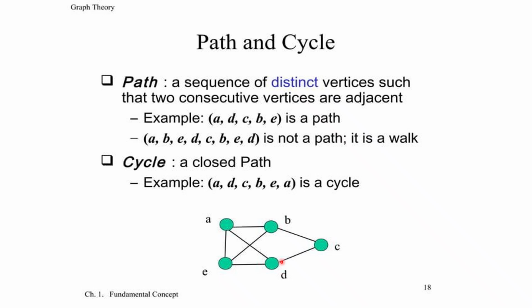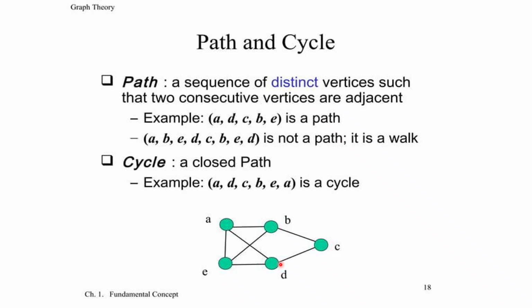The reason is that we visit some vertices more than one time. We visit vertex B two times, vertex E twice, and vertex D two times. So when you repeat a vertex, it is no longer called a path. It has a different name. So next, walk.